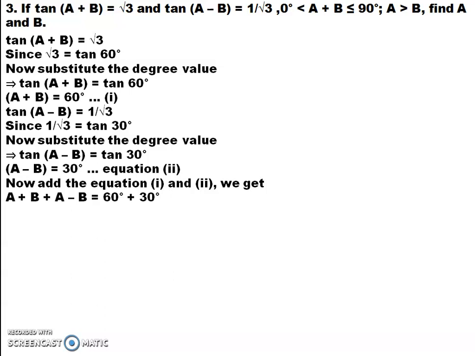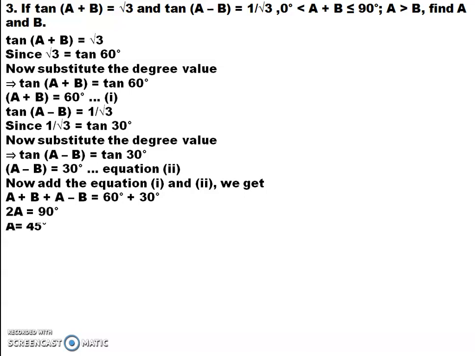We get A + B + A − B is equal to 60 + 30. Here you can see A + A is 2A, B − B is 0. So what will I get? I'll get 2A is equal to 90 degree. That is 60 + 30 is equal to 90 degree.